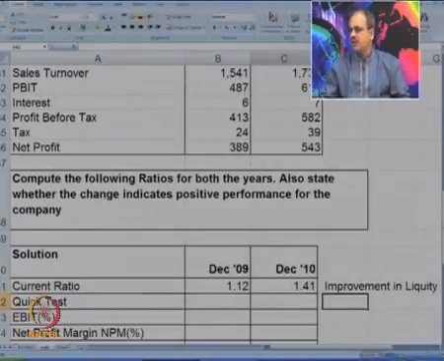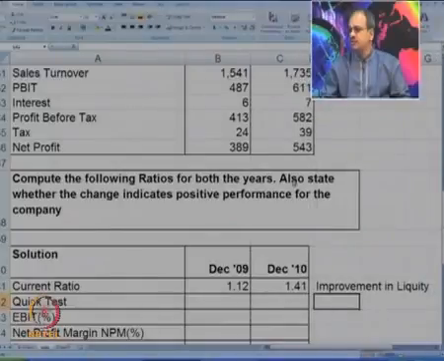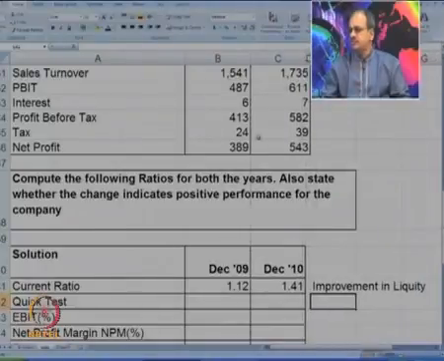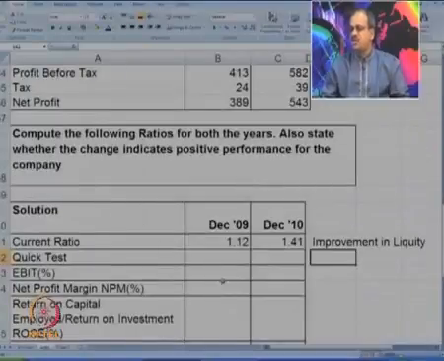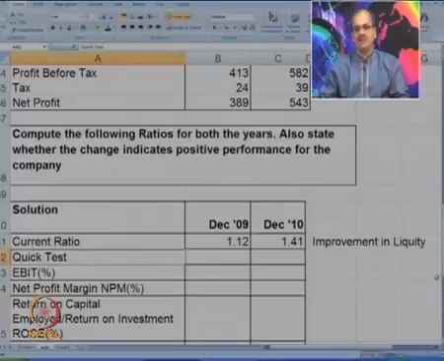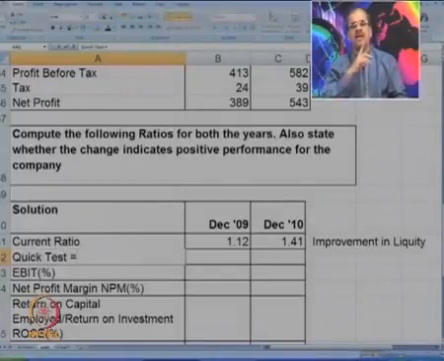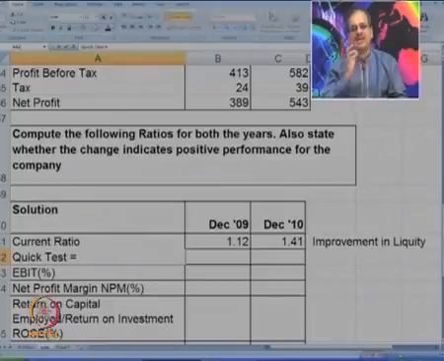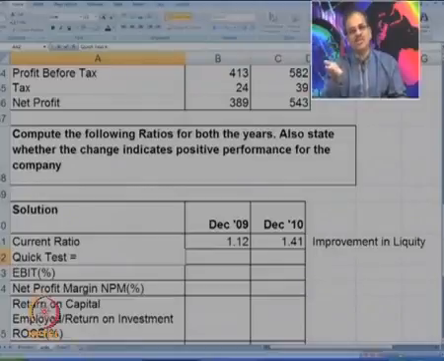Okay. Now let us try to go for the next ratio. Next ratio, they have given quick test. What is the formula for quick test? I will try to write the formula also for your benefit. Yeah, do you remember? Quick test or acid test or quick ratio or liquid ratio.